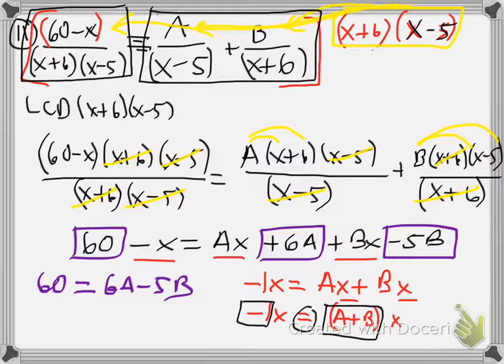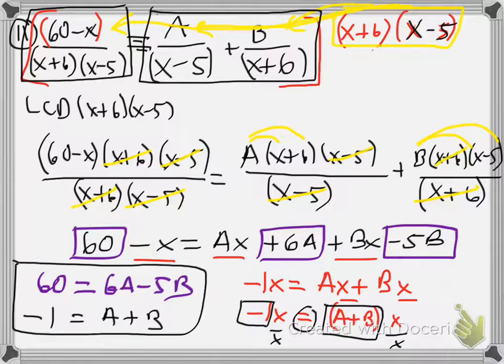Or if you wanted, you could divide by x to both sides, and you'll get negative 1 equals a plus b. And you're going, well, so what? Well, this is a system of equations that we can solve. So I'm going to solve that system of equations. I'm just going to change screens here.